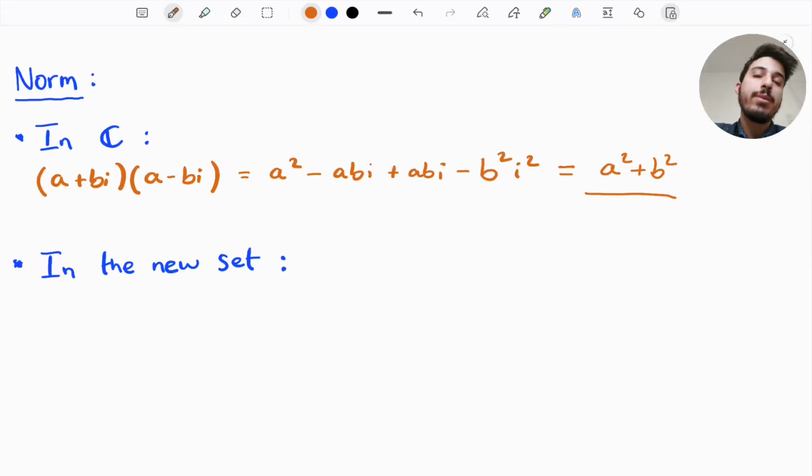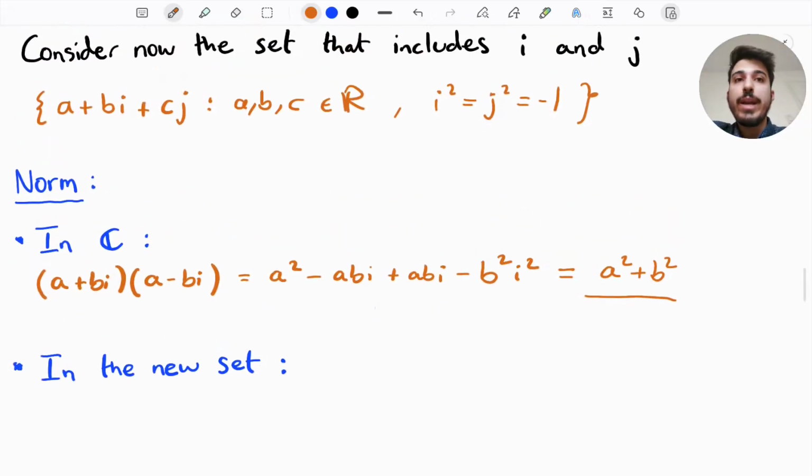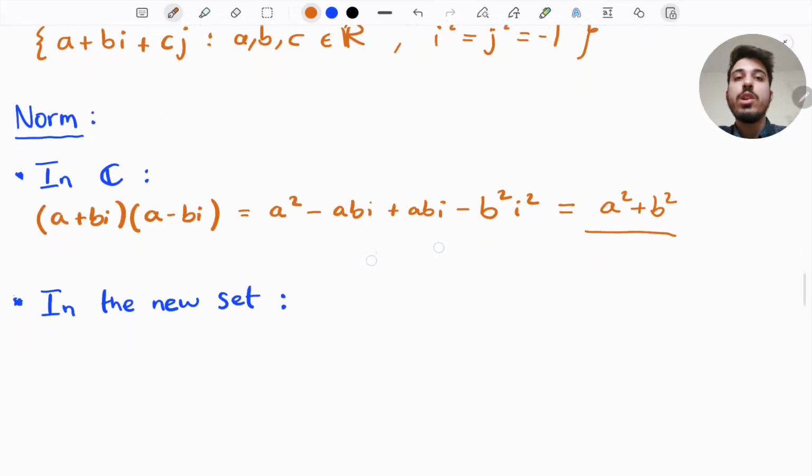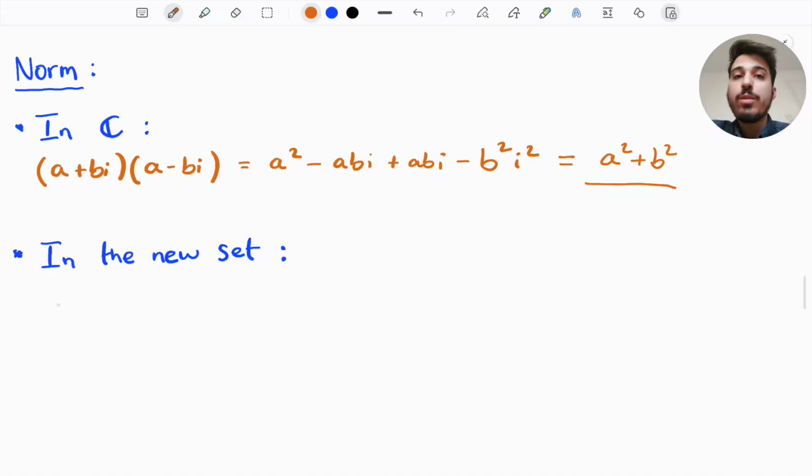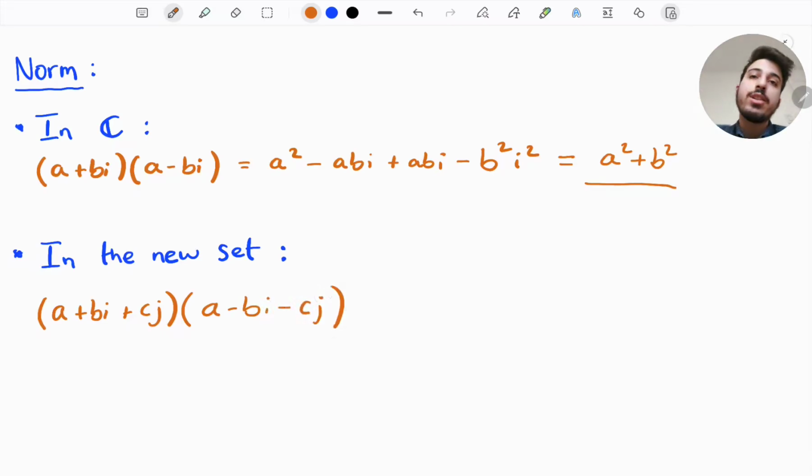So what happens if we try to take the norm in the new set that we've created, where we added j? Instead of just having i, we now have i and j. So let's try finding the norm of an element a plus bi plus cj. The conjugate of that would logically be a minus bi minus cj. Now the calculation is a bit long, so I'll skip to after the calculation, and you can verify for yourself that it's true.